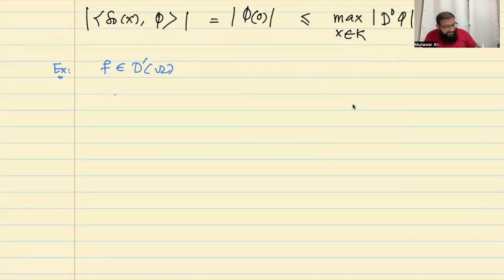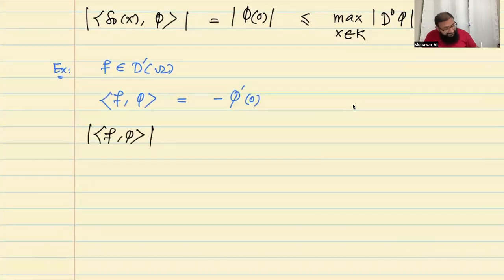The next example that I can give you is f from D prime of omega, and f operated on some phi is defined to be negative phi prime of 0. So this is how I define this distribution. And now let us find out the absolute value of this.